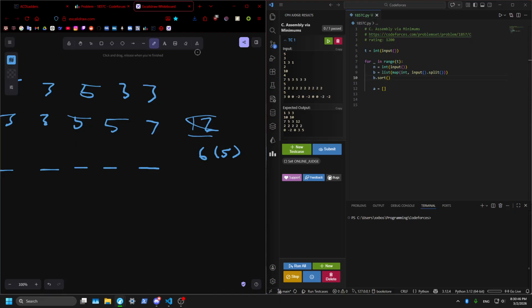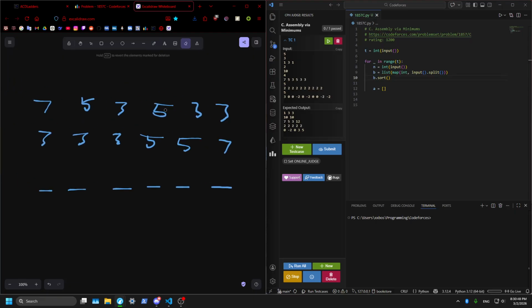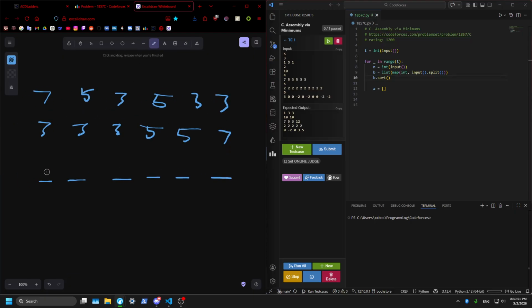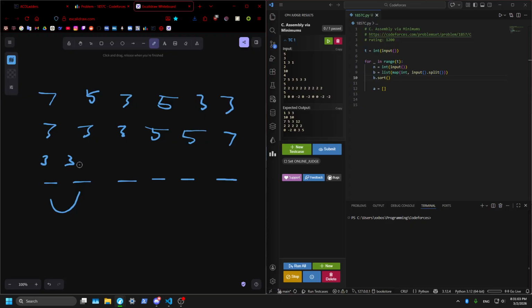That doesn't work. We'll just calculate it. So, to get 3, we take min of these two. So one of these must be 3. To get 3 here, we take the min of this one and this one. So one of these must be 3.